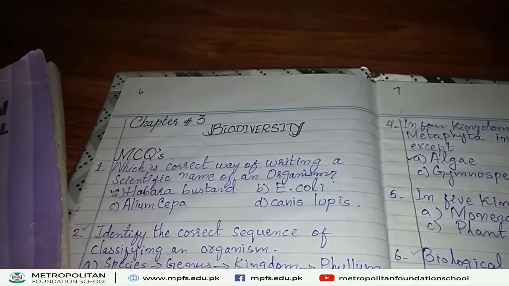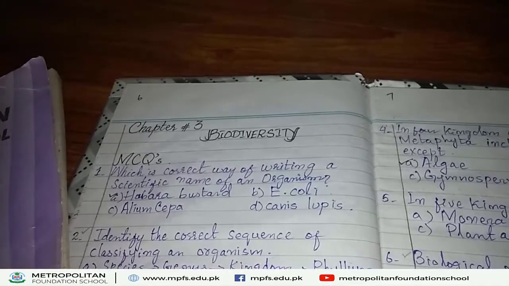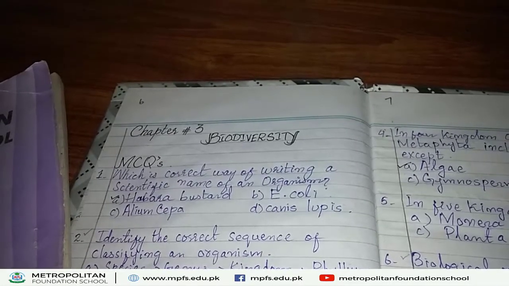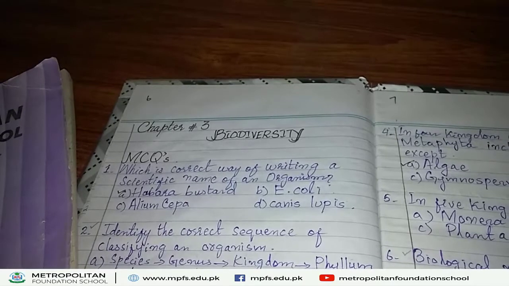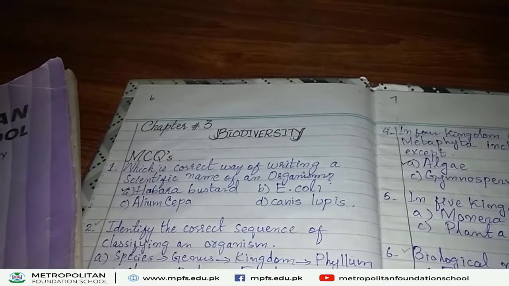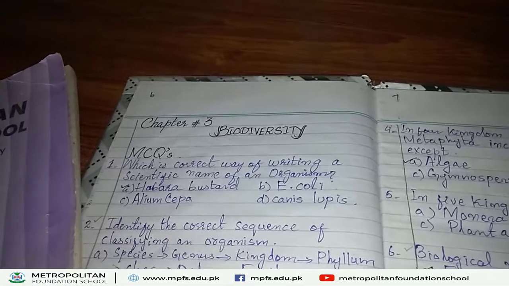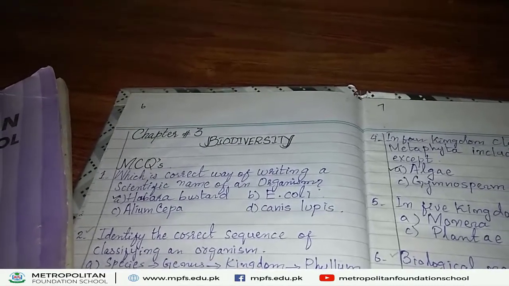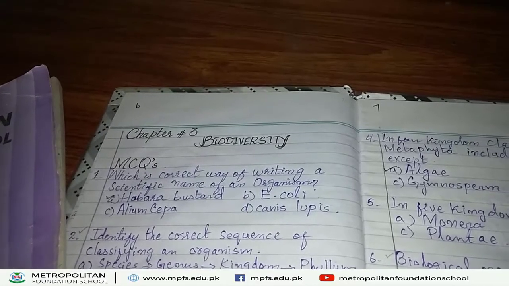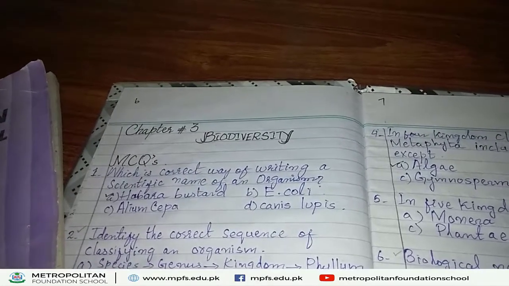Students, you should know different rules of nomenclature. When we write a scientific name, first we write the generic name and it starts with a capital letter. And the second name is called the species name and it starts with a small letter.